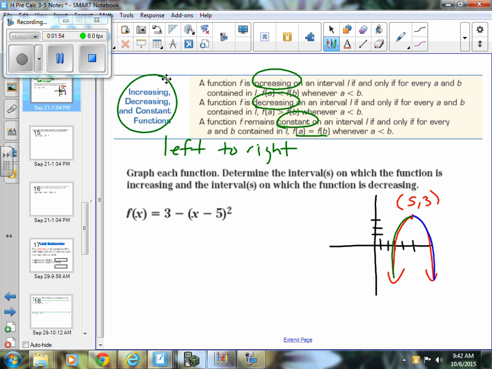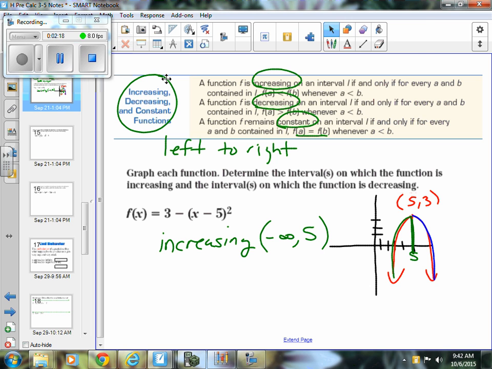So when I describe that, I would say that this graph is increasing, and I'm going to use intervals here. If we go left to right, we always start at negative infinity for that first interval. From negative infinity all the way up to an x value of 5, that graph was increasing. When we got to the vertex though, a really important point on a parabola, that's where it changes direction.